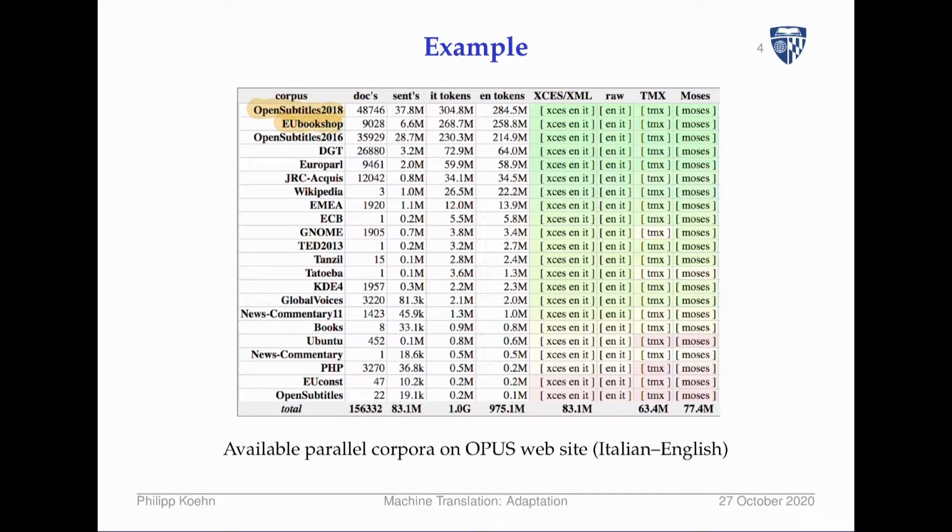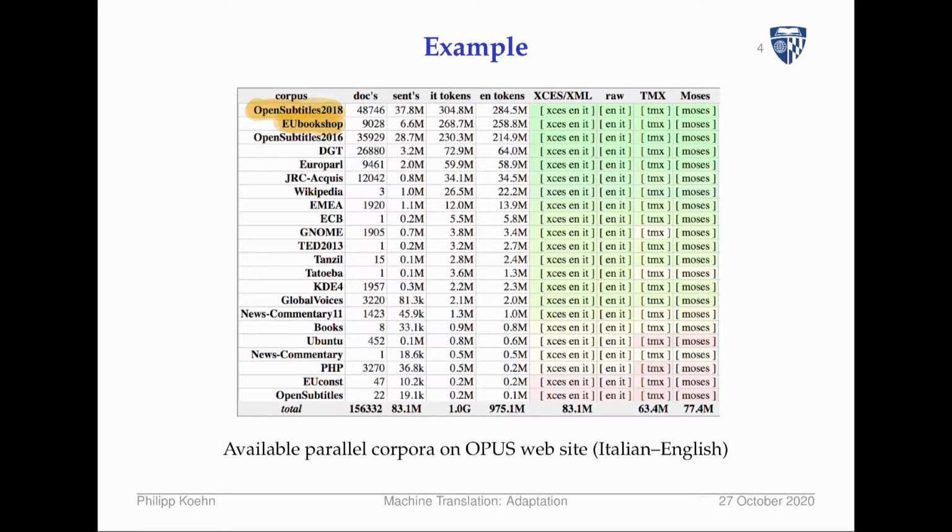Then there is EU Bookshop. These are official publications of the European Union, and so on. So in terms of domain, you could say the first one is kind of subtitle, movie domain. The second one is more formal, government. But really the definition of the domain is where the data comes from.